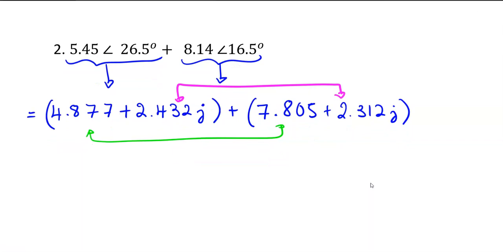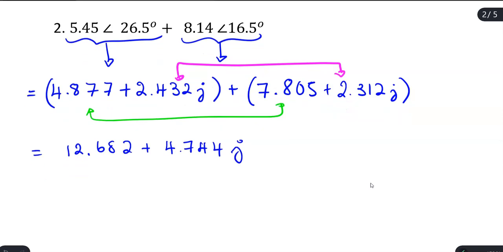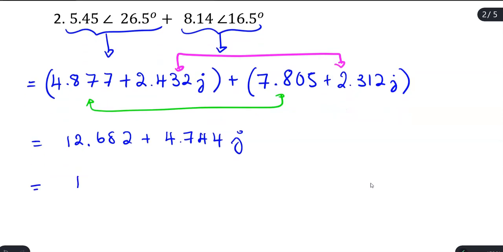It's all a plus sign. So I should have 12.682 plus 4.744j. Again, I will use my calculator to convert to polar form, and at the same time I round to 3 significant digits. And I make sure that I give the degree sign for my argument.